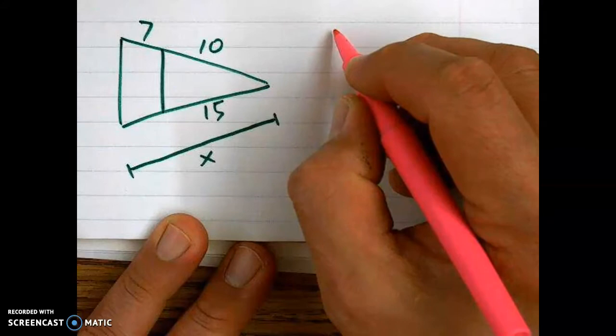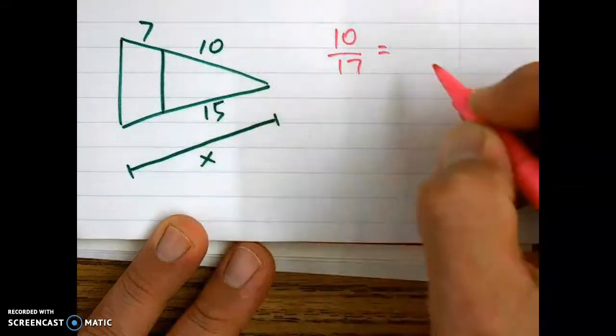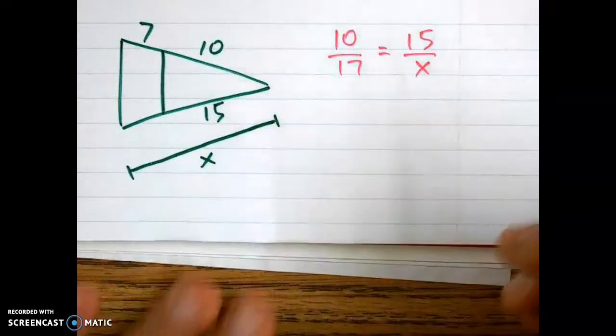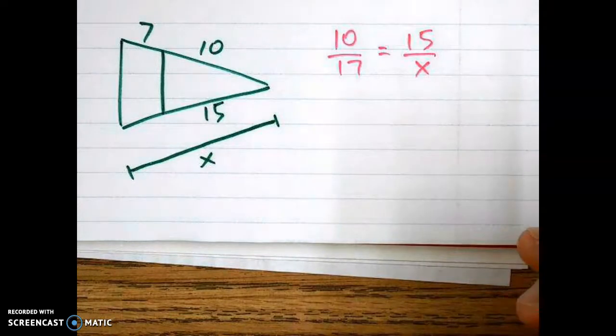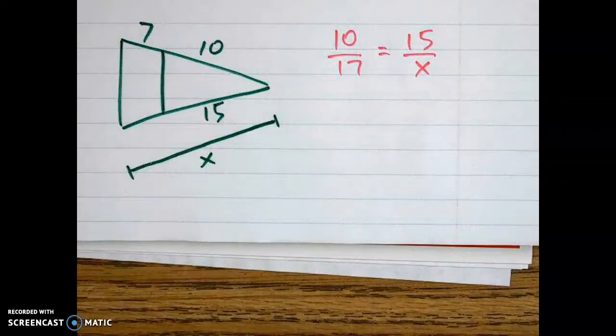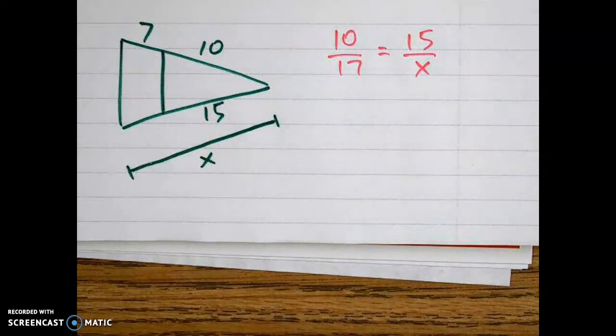What's that? 10 over 17. Okay. Anybody have something different? Anybody would think it's going to be something different? You guys just believe him?